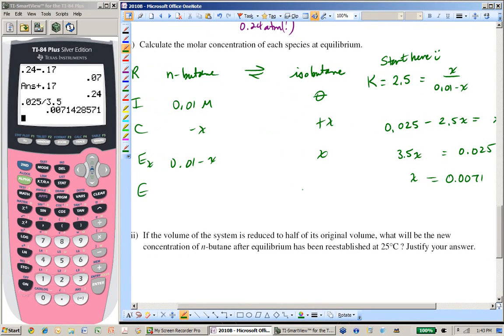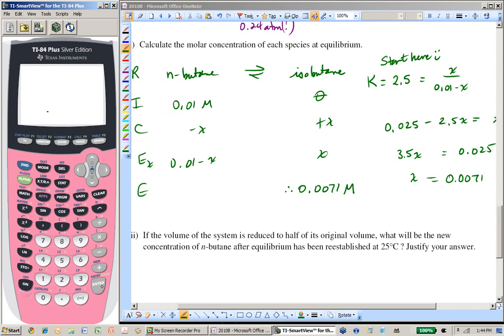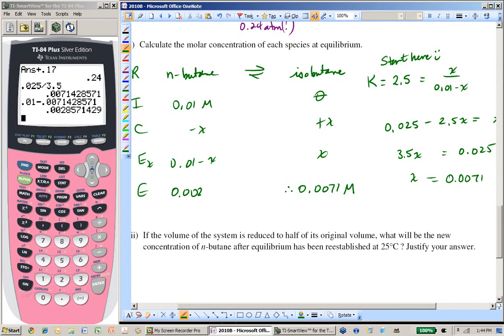So this is 0.0071 molar, and this will be 0.01 minus that number, 0.00286, 2 sig figs, 0.0029. That's supposed to be a therefore, and that doesn't look very therefore-ish, does it? There we go.